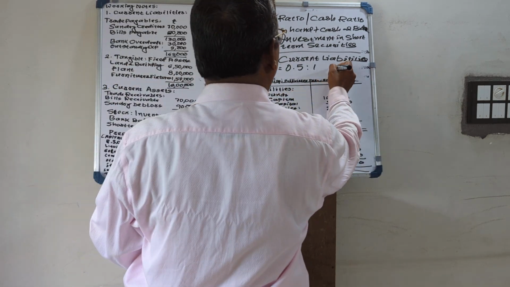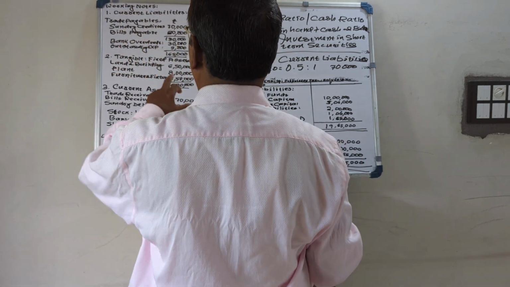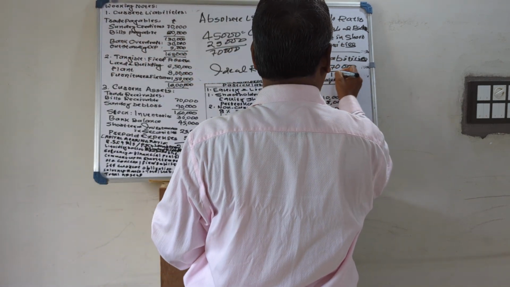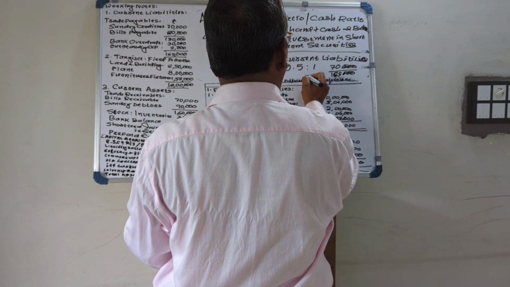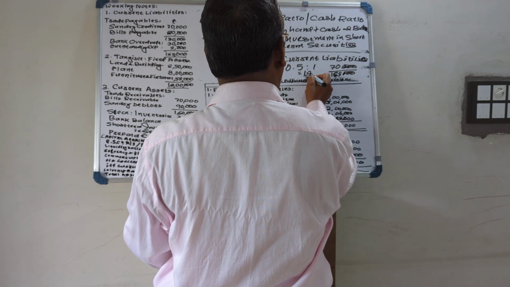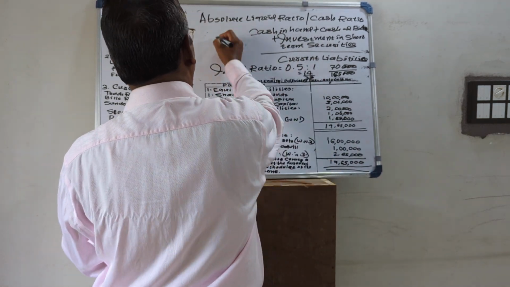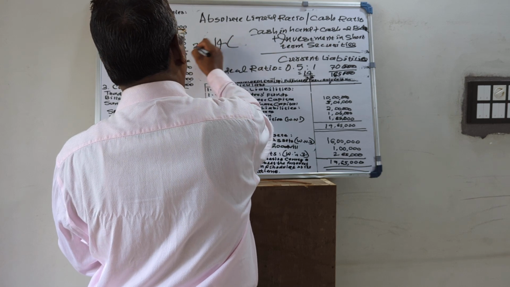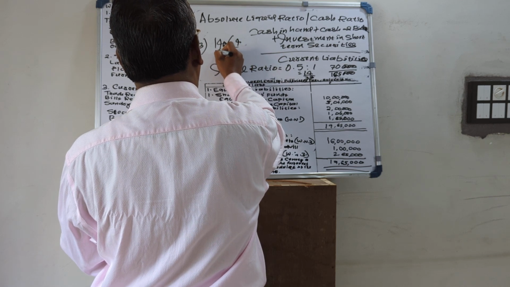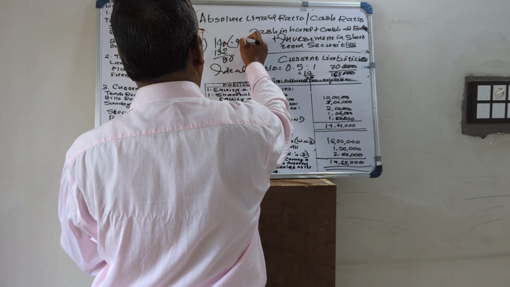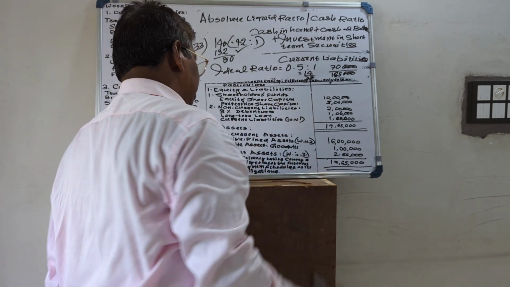So 70,000 divided by current liabilities of 1,65,000 is 70 by 165, or 14 by 33, which is 0.42:1. So it is not sufficient.